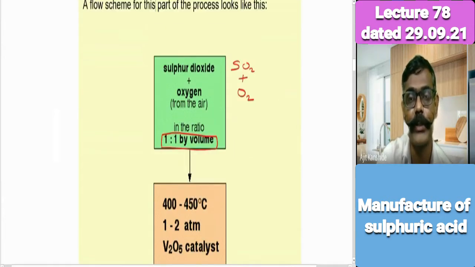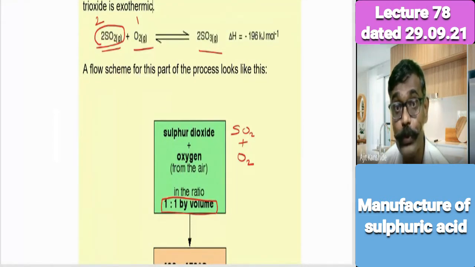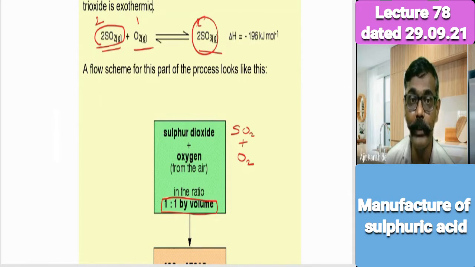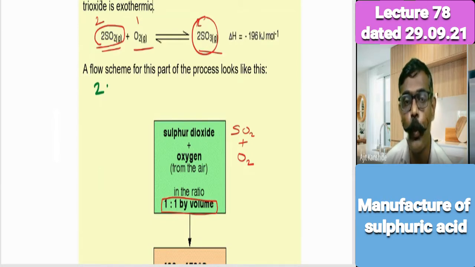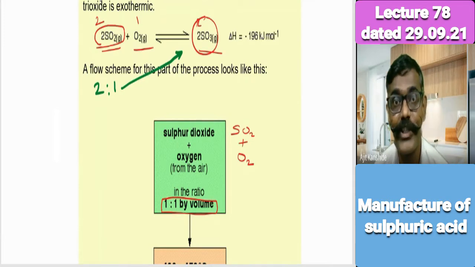The reaction says that for 2 sulfur dioxide, we need 1 oxygen to produce 2 molecules of sulfur trioxide. So at first instance, one will think that if you take 2 molecules of SO2 and 1 molecule of O2, in the proportion 2:1, then there should be a good result of sulfur trioxide. That is the first-instance expectation.